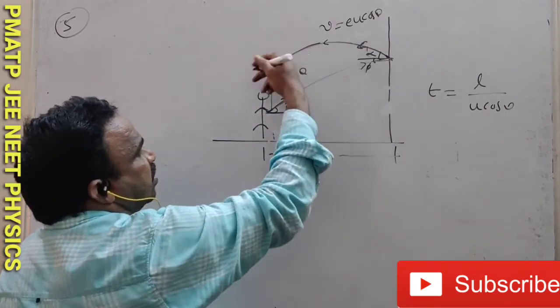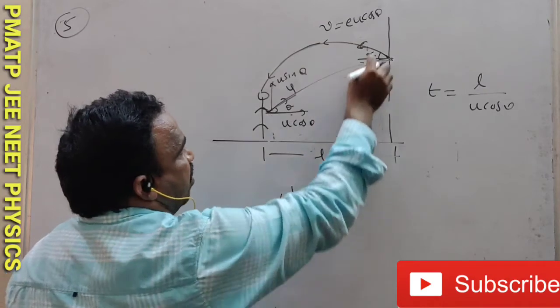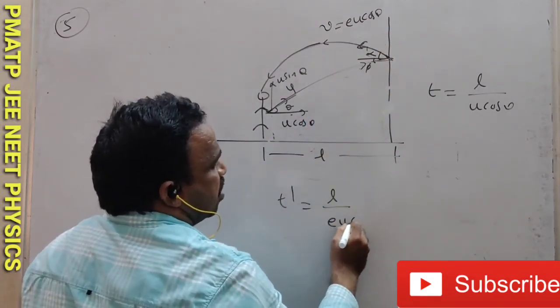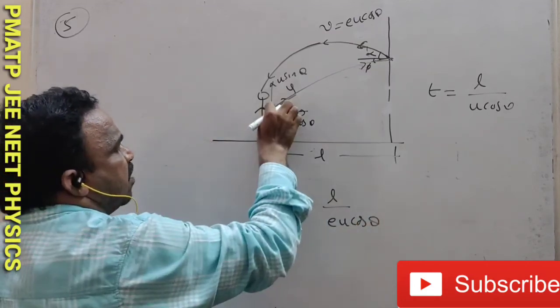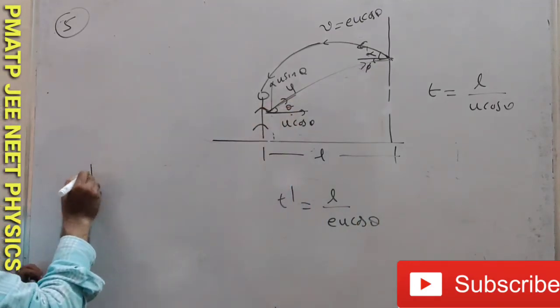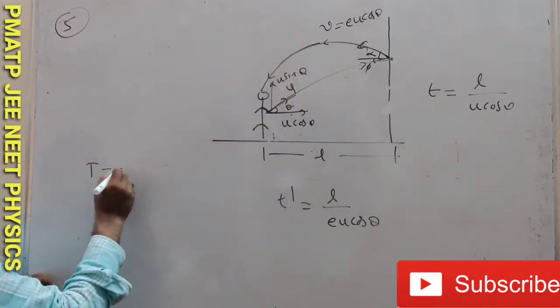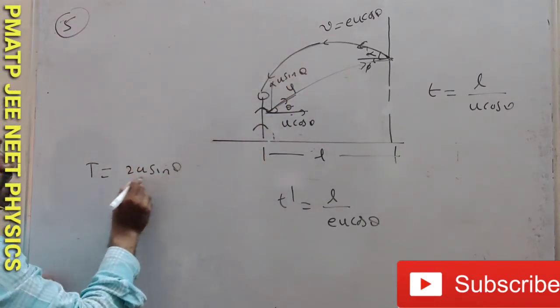Time t is L by u cos theta. The time of flight is 2u sin theta by g, since it goes upward with the vertical component u sin theta.